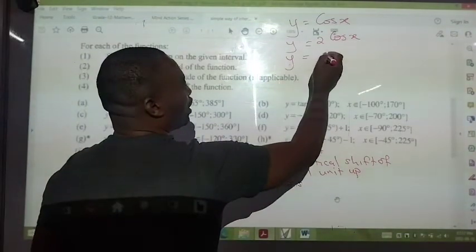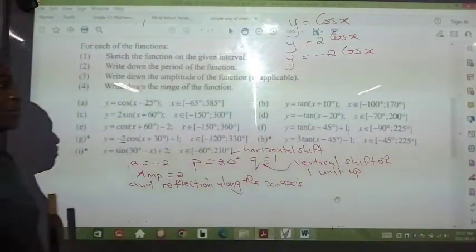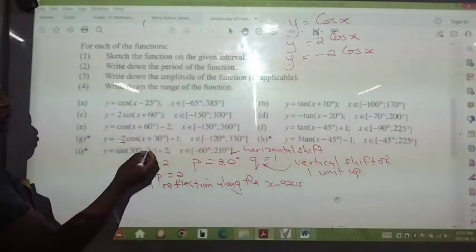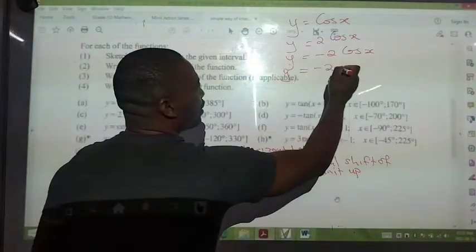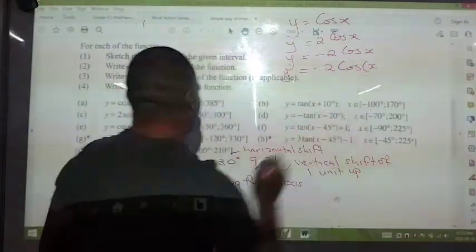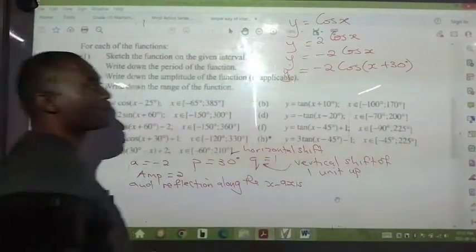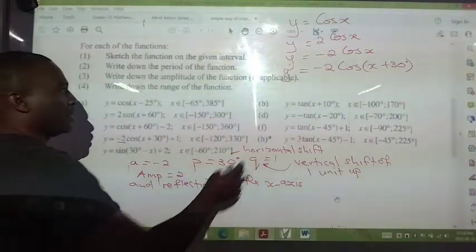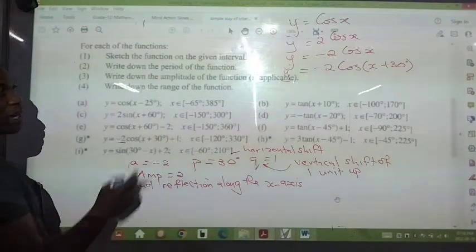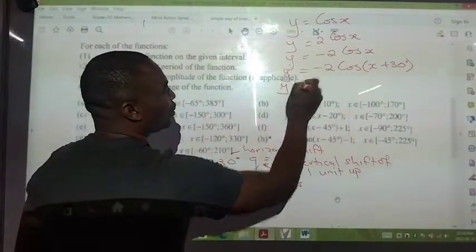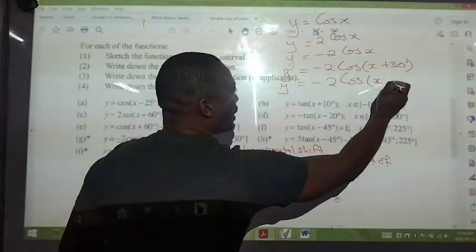Then you effect the reflection. And then after the reflection, you can then now move or shift the graph 30 degrees to the left. And thereafter, this graph, you then move or shift it up by 1 unit. So you get finally the graph that you want.